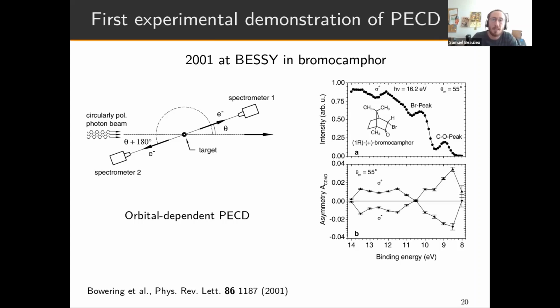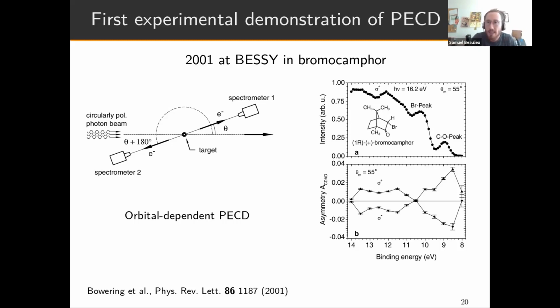This experiment was performed at BESSY in Berlin, where people looked at the photoionization of bromocamphor molecules using 16.2 eV photons, which are of course circularly polarized. They were using a set of two electron spectrometers placed at very specific angles to extract the forward-backward asymmetry of the angular distribution at a fixed angle.